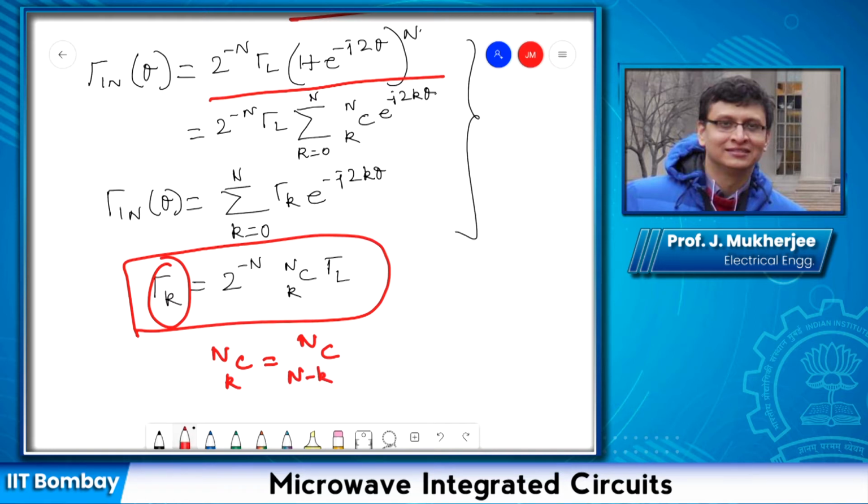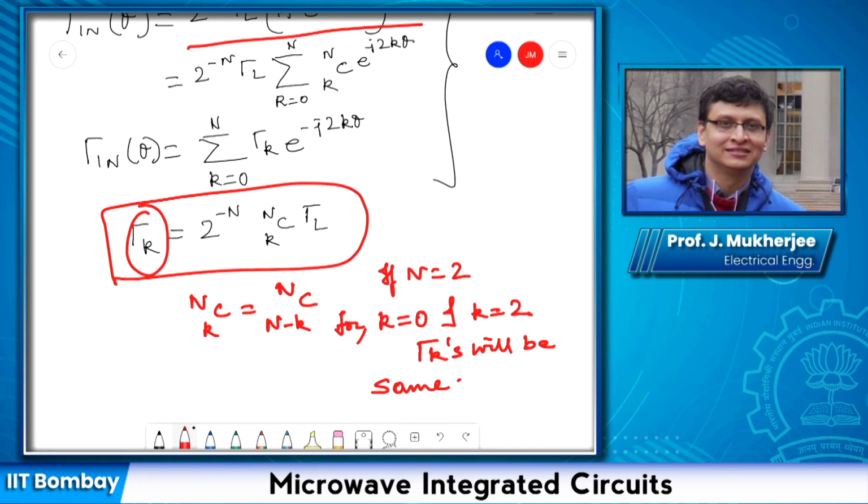So, for example, if n equal to 2, then for k equal to 0 and k equal to 2, my gamma k will be the same.